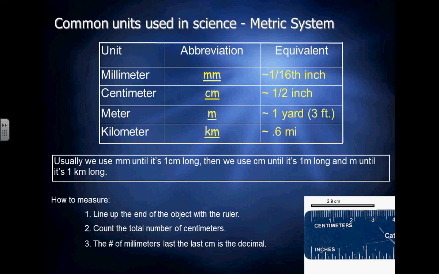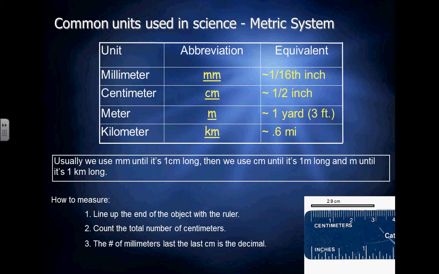So if I want to measure the length of this bar here, first off, I have to make sure it's aligned with the 0 point. Notice, is 0 the end of this ruler? No, there's a gap there, so you have to look at the ruler carefully. Then you count how many whole centimeters it is. In this case, 1, 2, does it get to 3? Not quite.